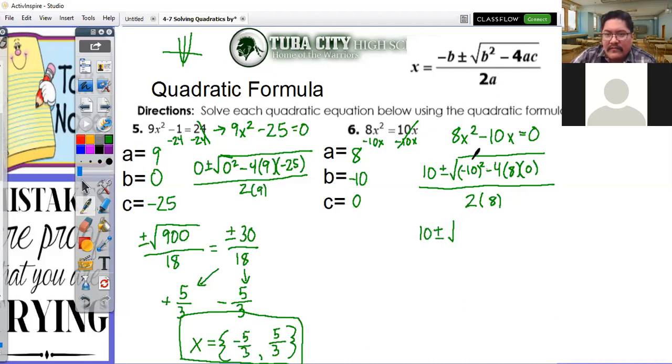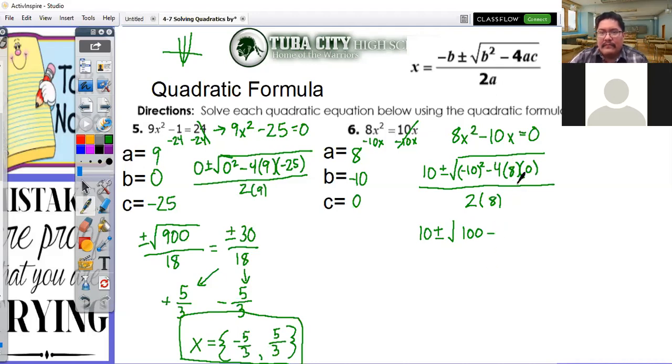All right, let's find out what's underneath this radical, which is actually kind of important, and that's also going to be a later lesson. -10 squared, so -10 times -10, is going to be 100, because negative times negative is positive.